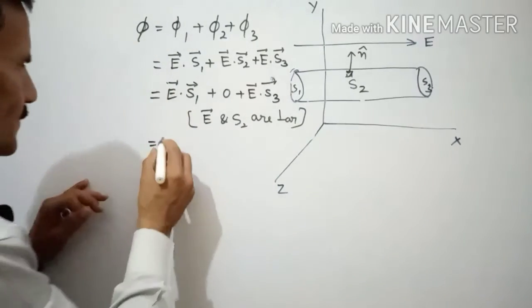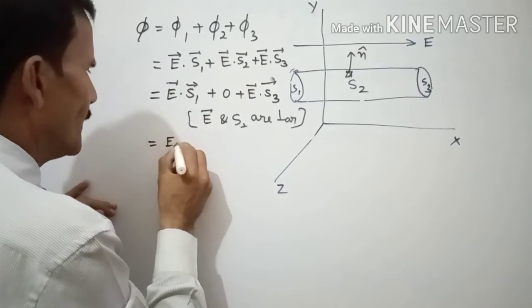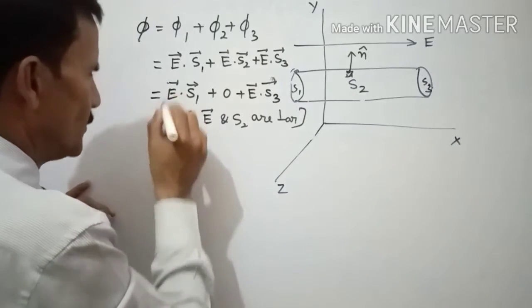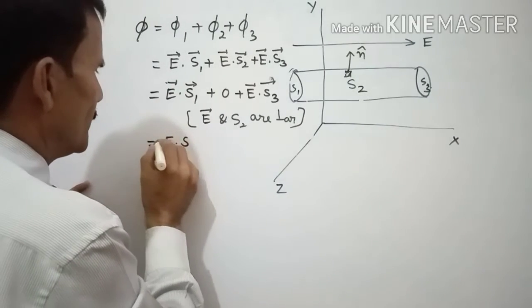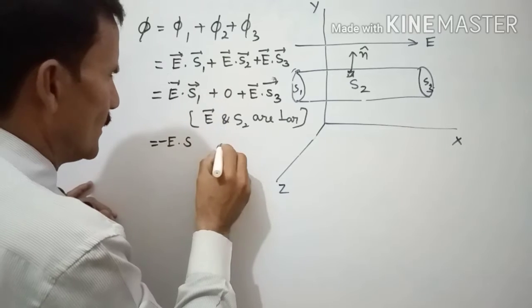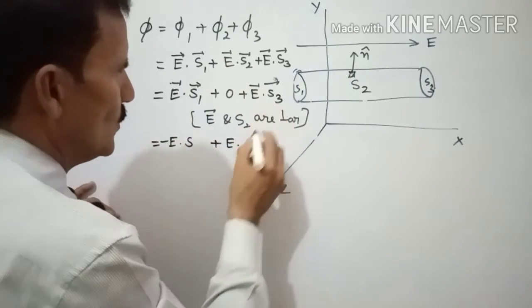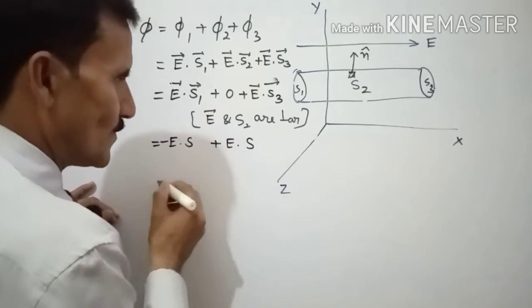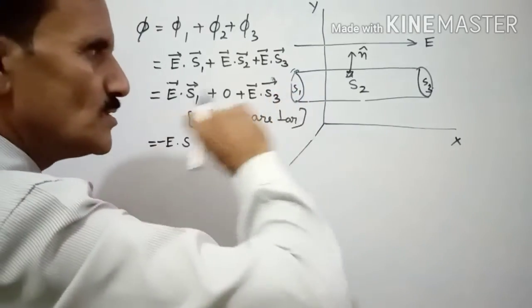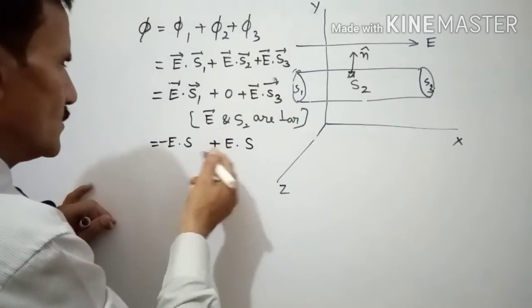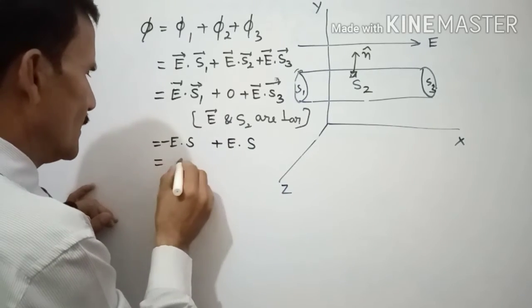So it will come as minus E into S, suppose it is S, minus because of 180. And for the other, cos 0 degree is 1, so E into S. So this is nothing but 0.